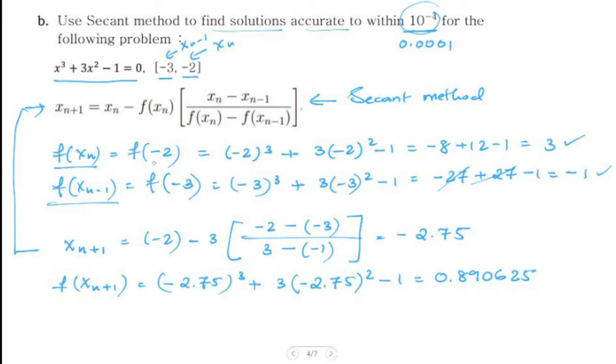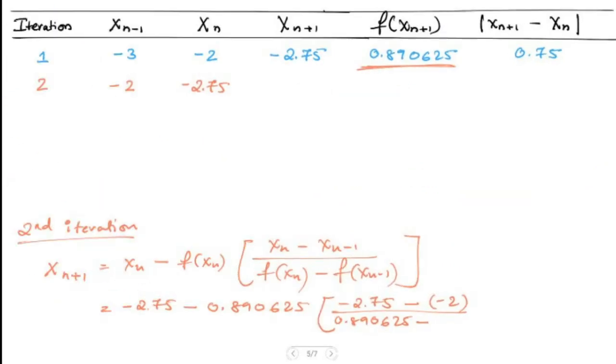So that was f of minus 2, which is 3. We'll use that value here, and this will give us the value minus 3.066667.